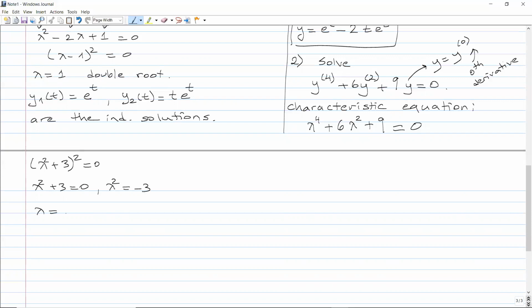That means lambda is plus or minus i times square root of 3. So we have two complex roots, but they are double roots. So lambda 1 is i times root 3 and lambda 2 is minus i times root 3, the conjugate of lambda 1, and both are double roots.